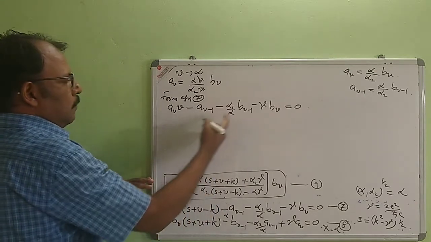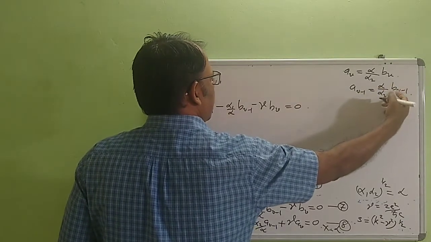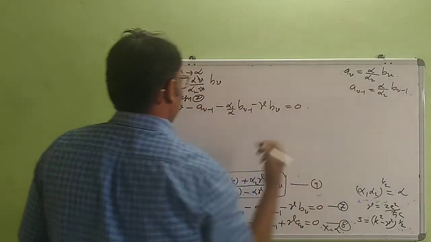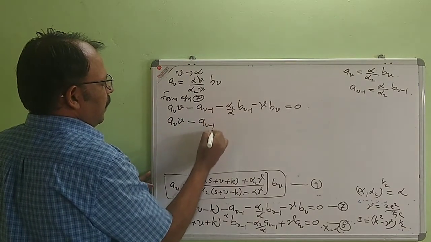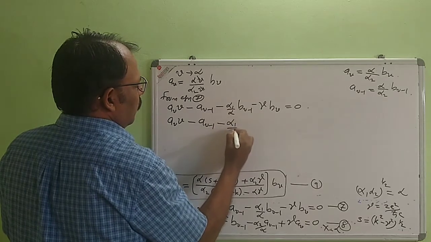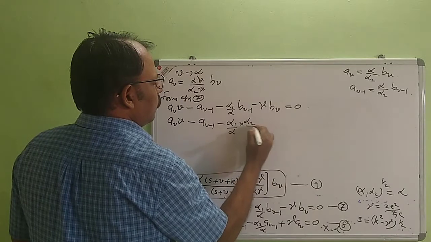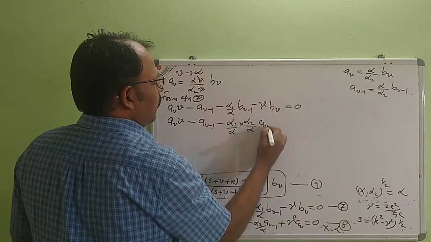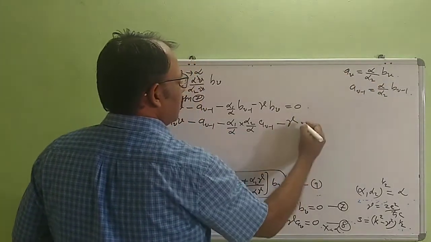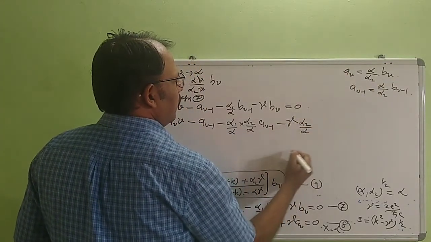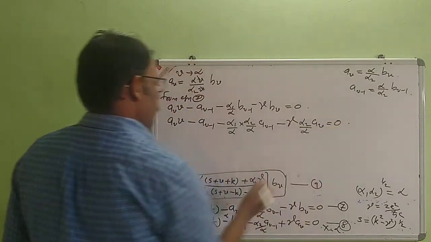Now this BV minus 1, I can take it as alpha 2 by alpha AV minus 1. So this is AV into V minus AV minus 1 minus alpha 1 by alpha into BV minus 1. We can write it as alpha 2 by alpha AV minus 1 minus gamma BV, and BV I can write as alpha 2 by alpha AV, is equal to 0.